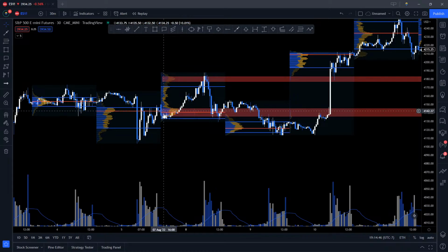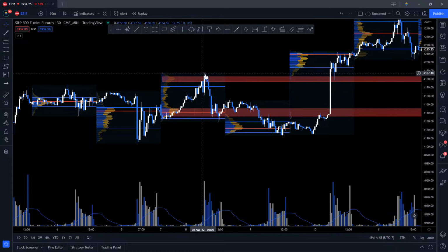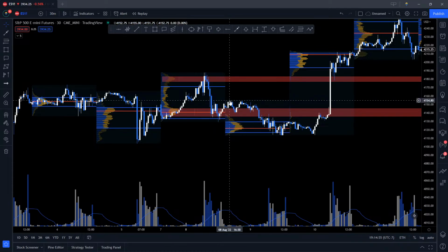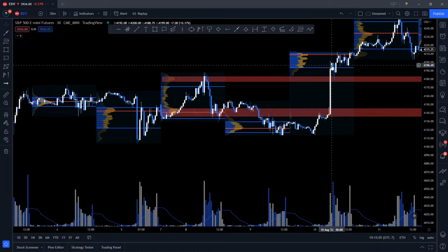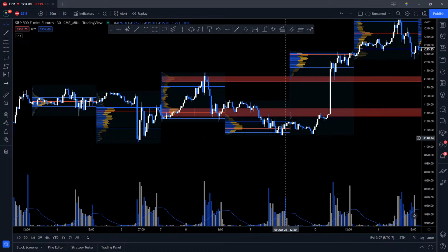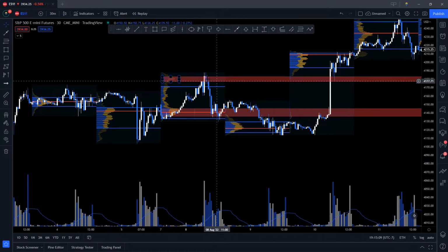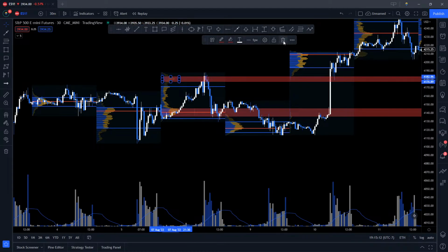You're going to look to take calls above and then puts below, basically. It would have been, well, I don't want to say fake outs, but these are 10-point moves basically on ES, give or take. So these are good plays. Obviously a massive move here. So that's how you want to play B shapes.